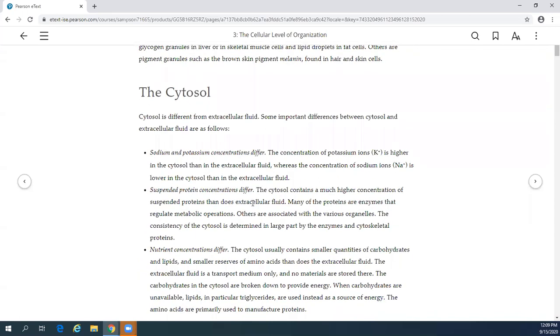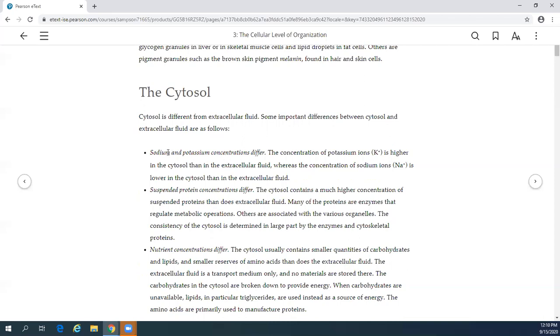Okay. So what's in the cytosol? Of course, that's the intracellular fluid, or the fluid inside. So this is showing cytosol different from extracellular fluid. Some important differences between cytosol and extracellular fluid are as follows. Sodium and potassium concentrations are different. Now the sodium potassium differentiation here is actually really important.